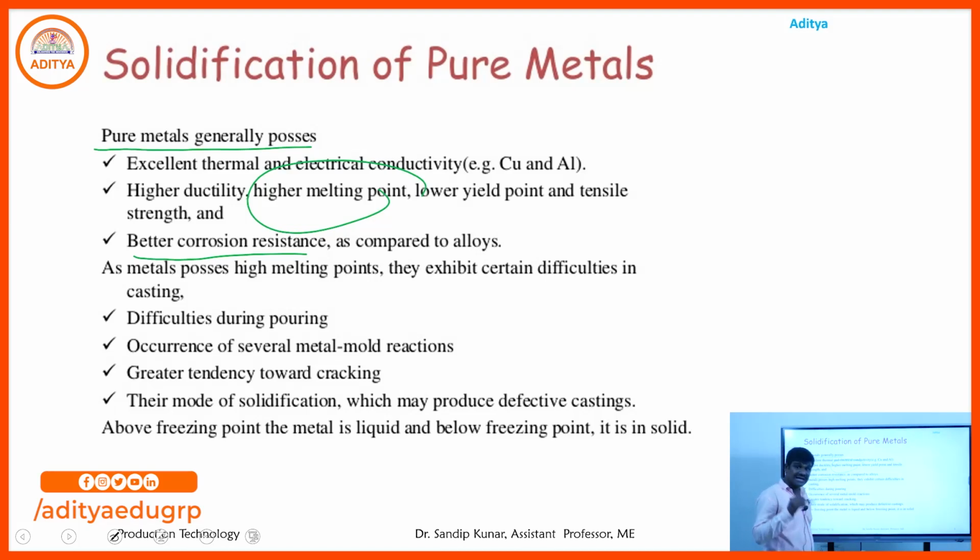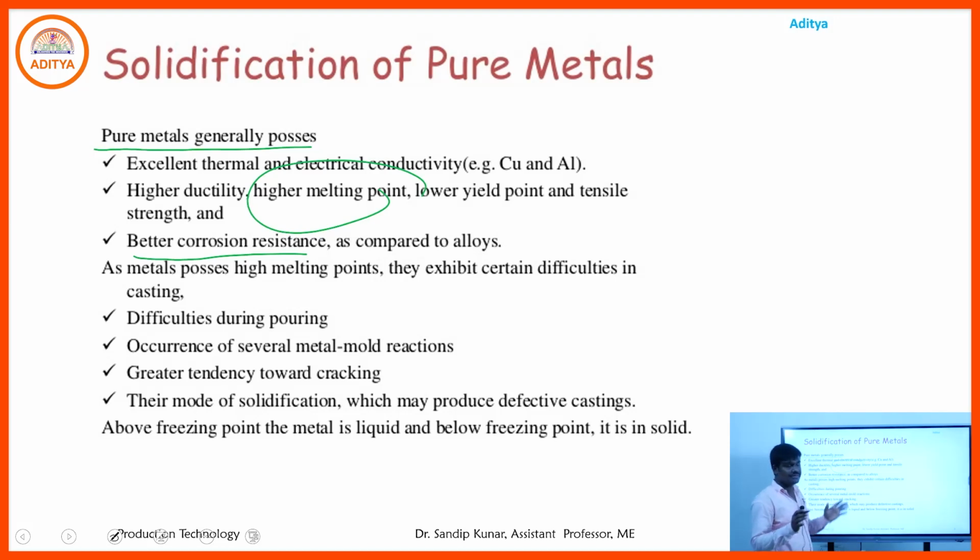If a metal has a high melting point, some difficulties are exhibited by that pure metal. There are difficulties during pouring of the metal. Sometimes metal-mold reactions also occur, meaning some reactions may occur on the mold surface when we pour the pure molten metal.